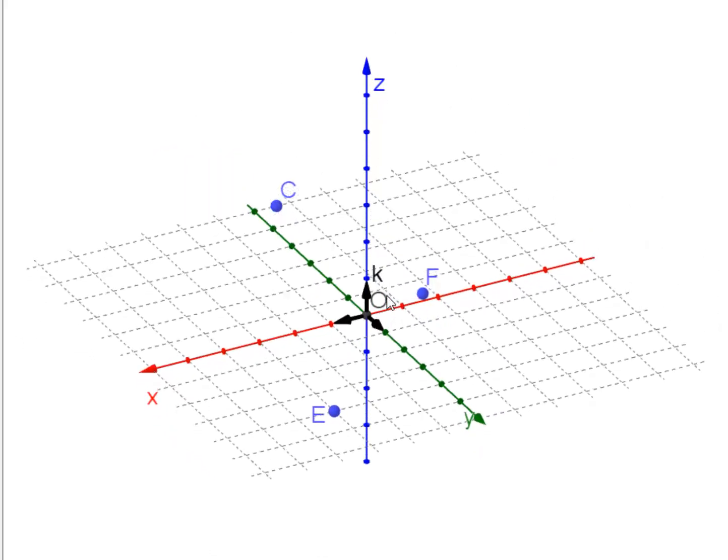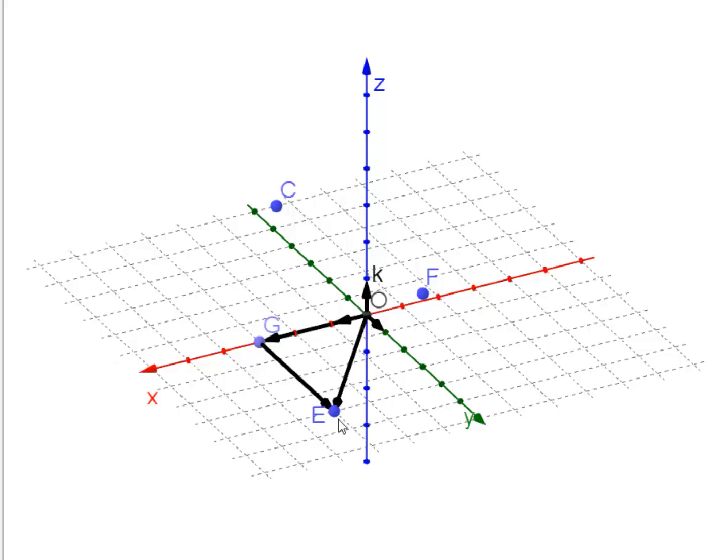Now, let's start with finding the components of point E. I would like to find the coordinates or the components of point E by forming the vector starting from the origin of the system O and ending with the point E itself. Afterwards, I will try to express the vector OE in terms of the directed vectors of the axes i, j, and k if possible.